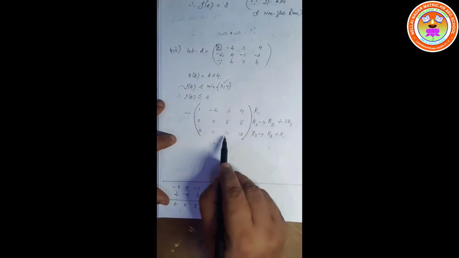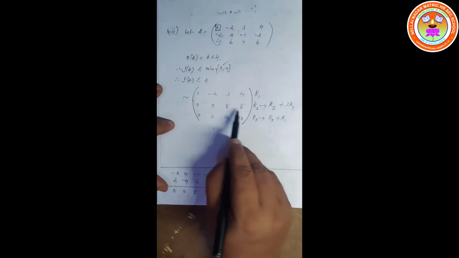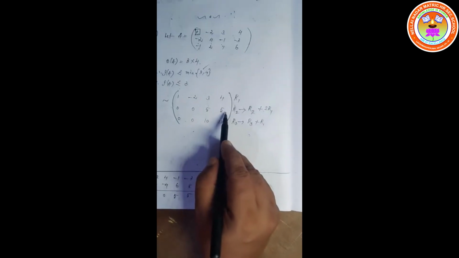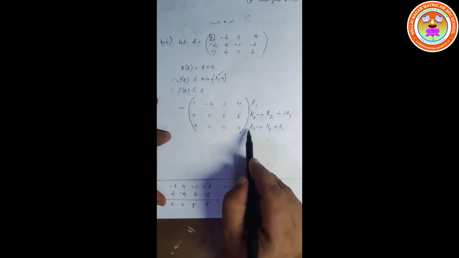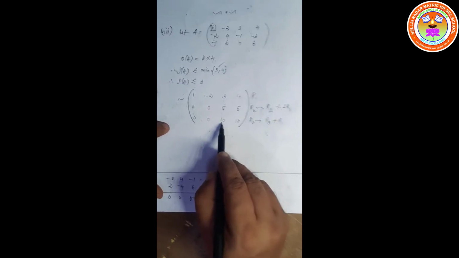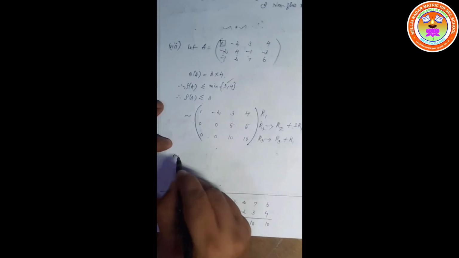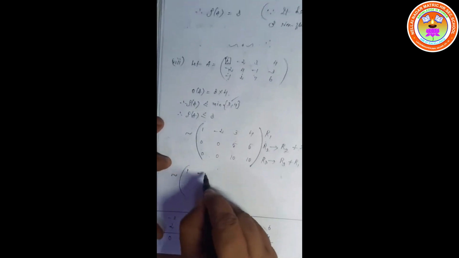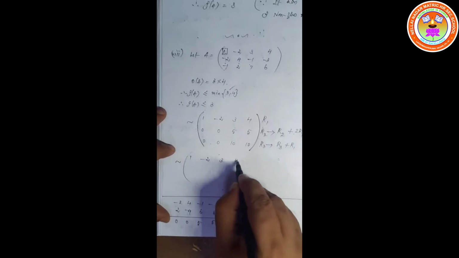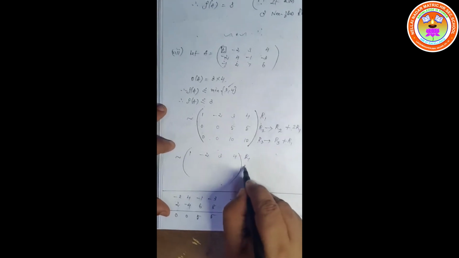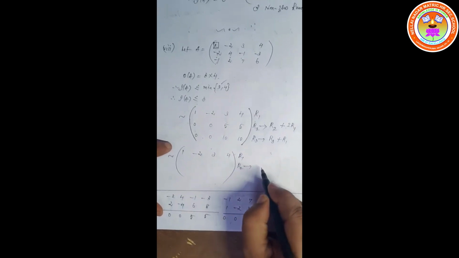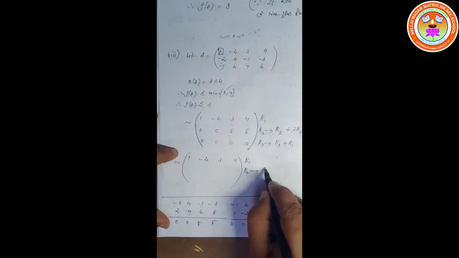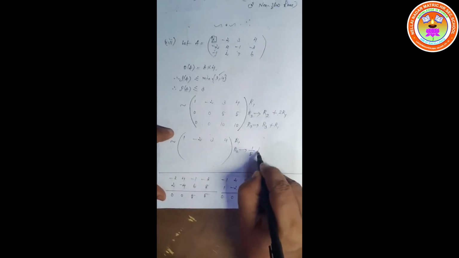Before proceeding, can we divide the second row elements by 5 and the third row elements, each and every element, by 10? That will be easy for you, so I am retaining the first row as it is. R2 implies 1 by 5 times R2.